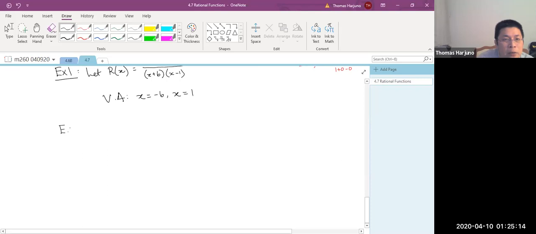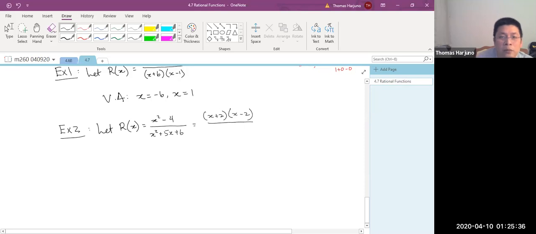Let R(x) be x squared minus 4 over x squared plus 5x plus 6, which equals (x plus 2)(x minus 2) over (x plus 2)(x plus 3).